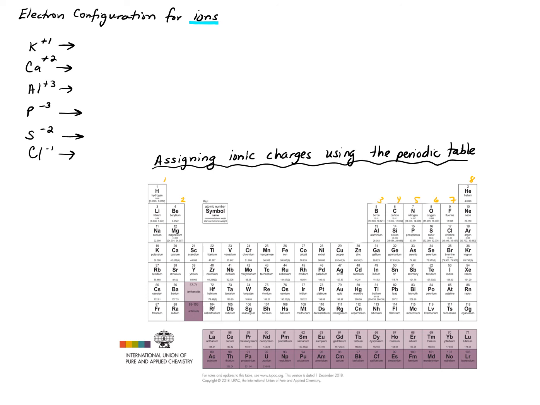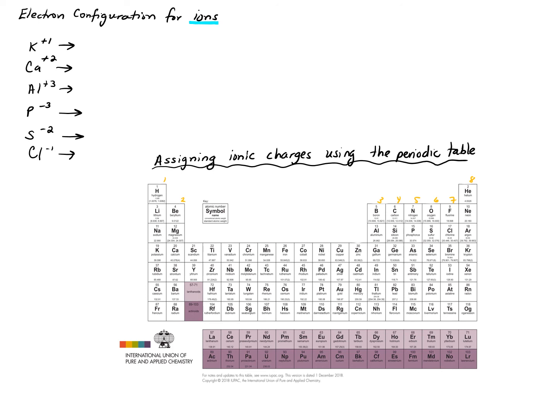So let's write down the electron configuration for some ions, starting with potassium. Potassium in the periodic table is element number 19. So if you have a neutral atom of potassium, you will have 19 protons, 19 electrons, the same number of protons and electrons, given by your atomic number.